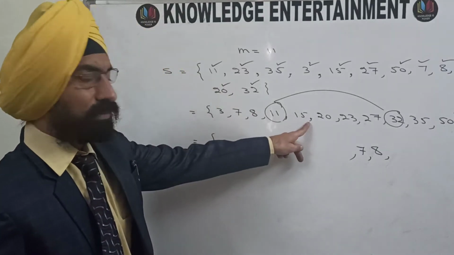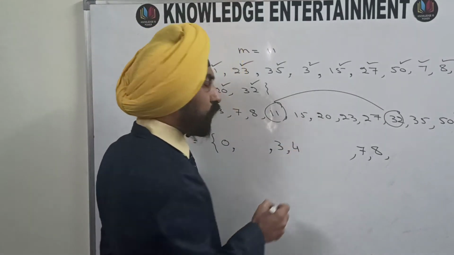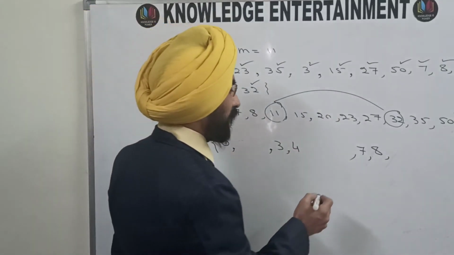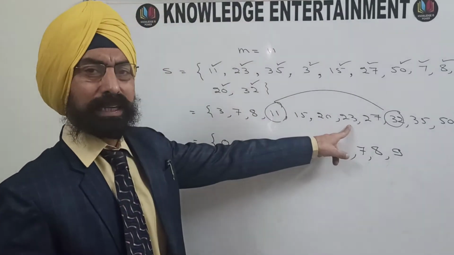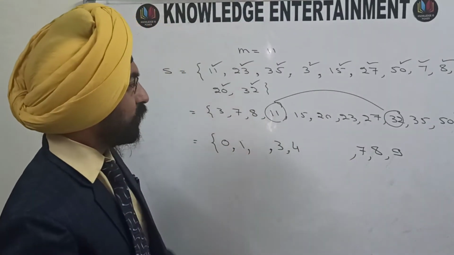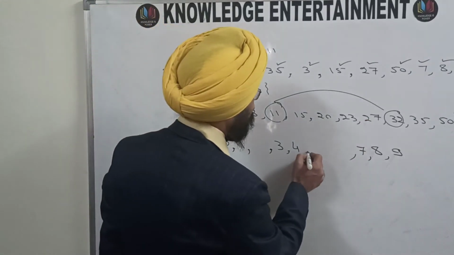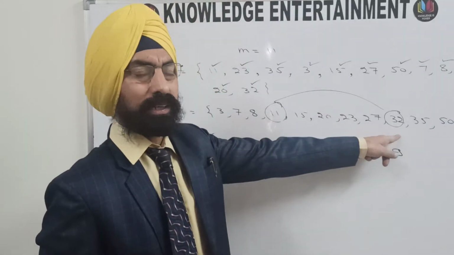If you divide 15 by 11, the remainder obtained will be 4. If you divide 20 by 11, the remainder obtained will be 9. If you divide 23 by 11, the remainder obtained will be 1. If you divide 27 by 11, the remainder obtained will be 5. If you divide 32 by 11, the remainder obtained will be 10.